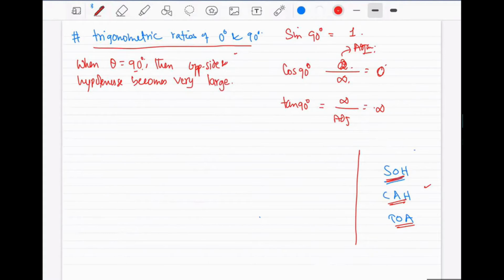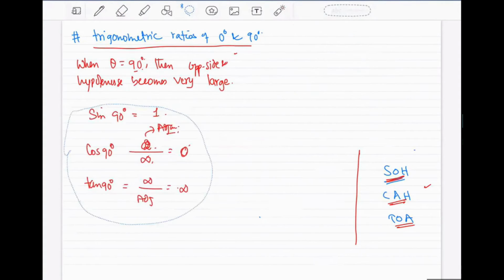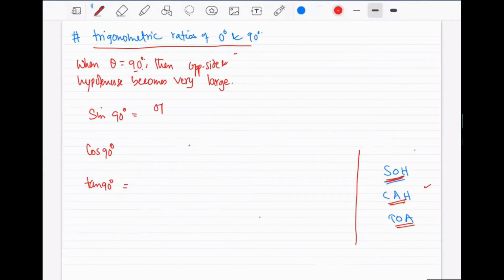So what's the value of sine 90? Sine 90 is opposite by, sorry, it's not adjacent, it has to be hypotenuse, right? The value of opposite is very large. Hypotenuse is very large, but we are dividing large by large. So similar value, we are going to obtain 1.